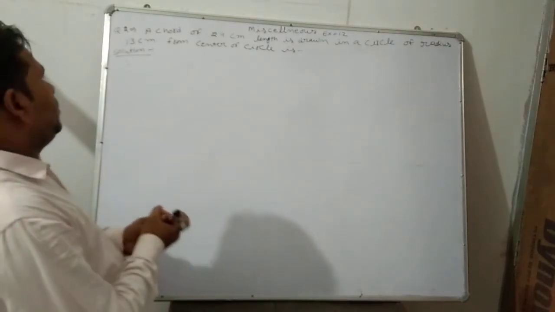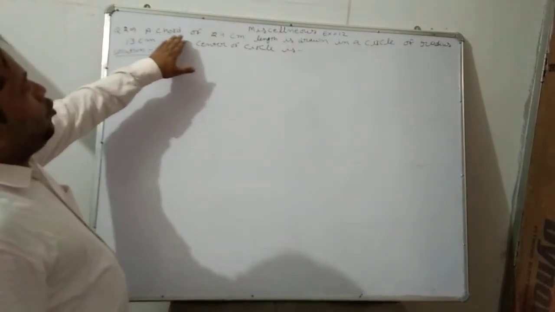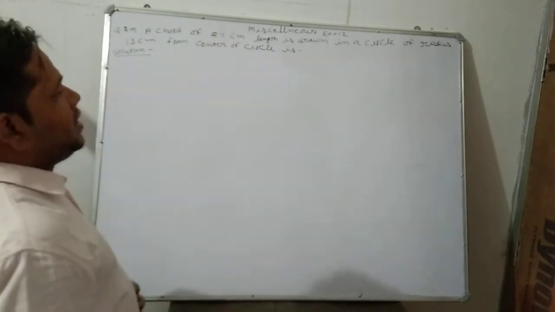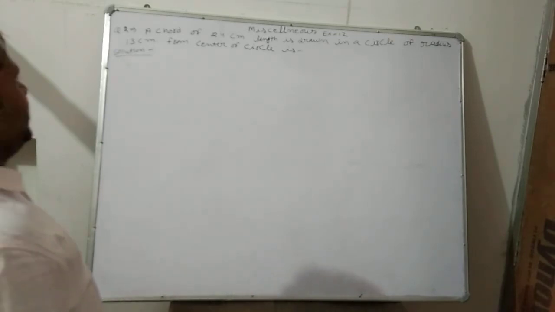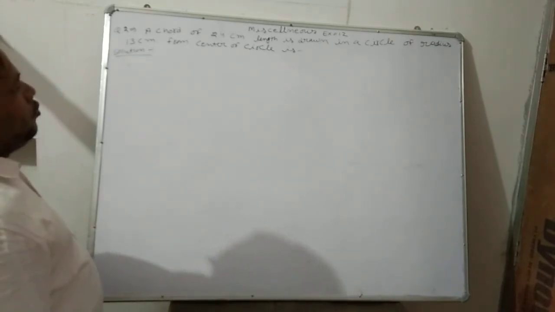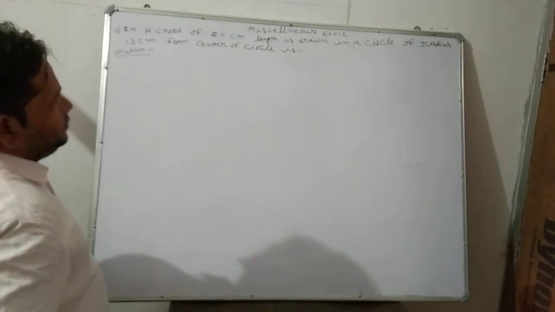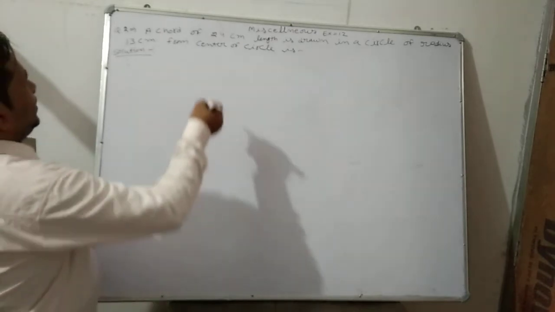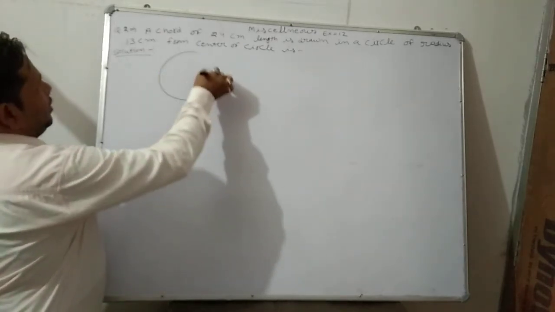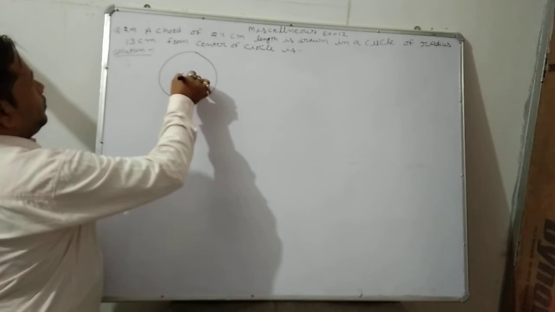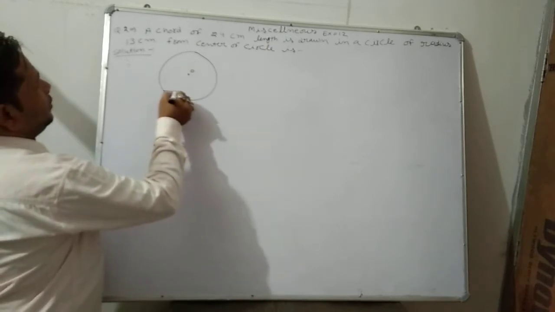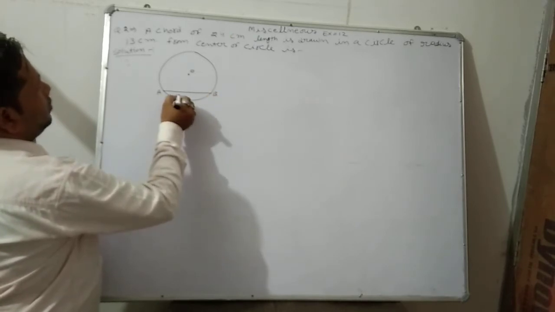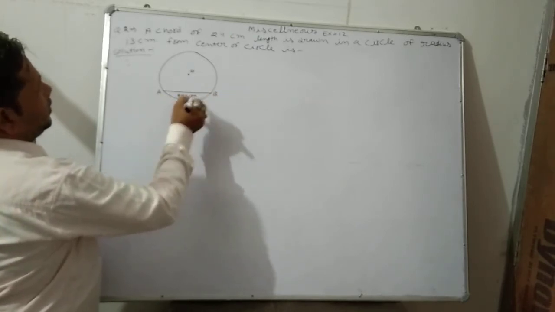Same type of question. Question number second: a chord of 24 cm length is drawn in a circle of radius 13 centimeter. Find the distance from the center of the circle. Let this be a circle with center O, and the length of chord AB is 24 centimeter.